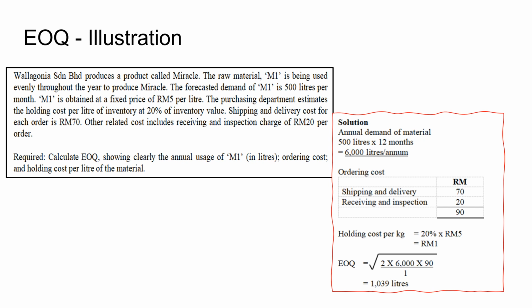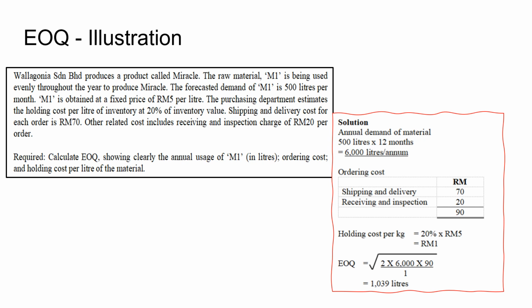The material M1 is obtained at a fixed price of 5 ringgit per liter. And then the purchasing department estimates the holding cost per liter of inventory at 20% of inventory value. So this is the cost associated with carrying the inventory. The shipping and delivery cost for each order is 70 ringgit.